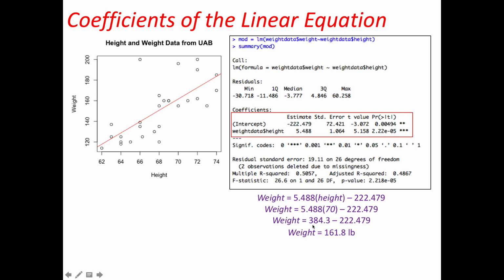We substitute the value 70 where our height variable is, multiply this out, subtract our y-intercept, and we can predict that an estimated weight of a student that is 70 inches tall would be 161.8 pounds based on our least squares model that fit the regression line for the data points we put in.